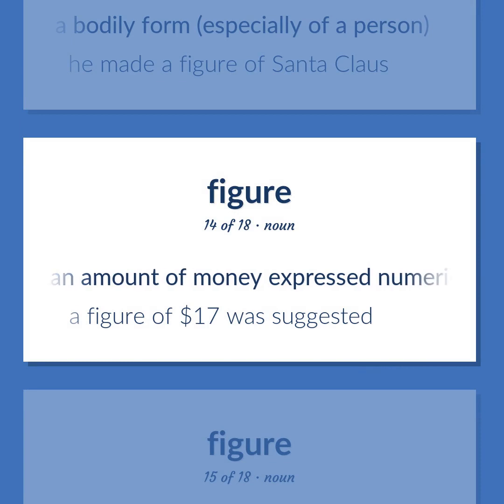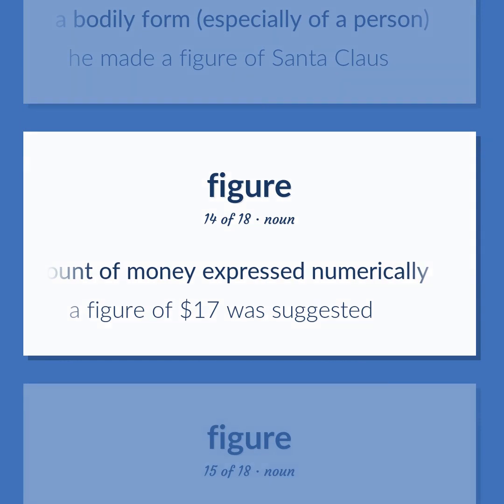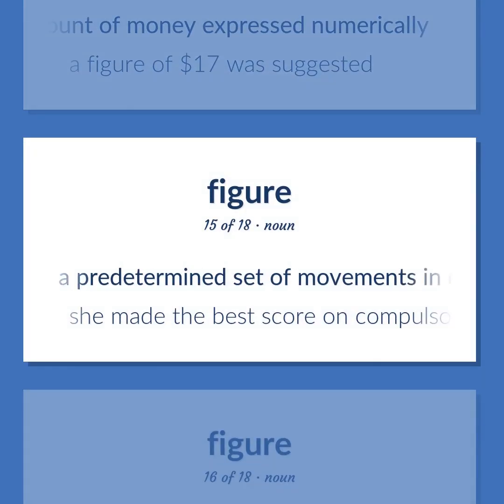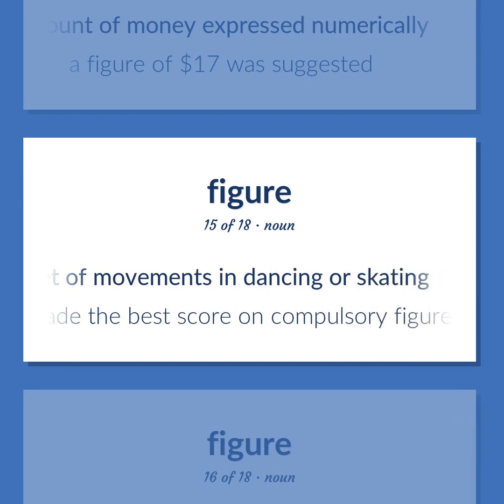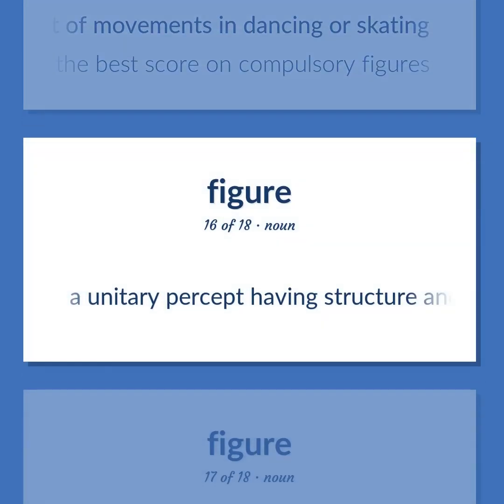An amount of money expressed numerically. A figure of $17 was suggested. A predetermined set of movements in dancing or skating. She made the best score on compulsory figures. A unitary percept having structure and coherence that is the object of attention and that stands out against a ground.